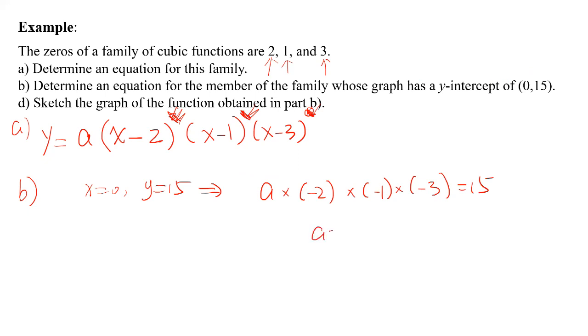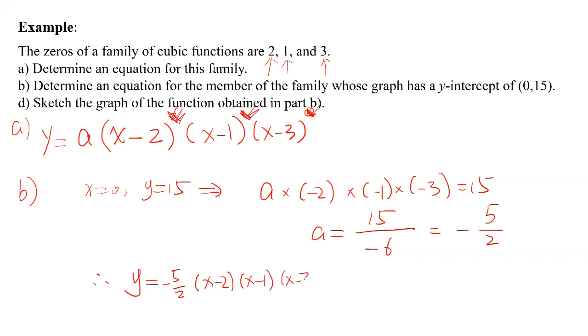So a is 15 over -6, which is -5 over 2. So the function is y equals -5/2 times (x minus 2)(x minus 1)(x minus 3).